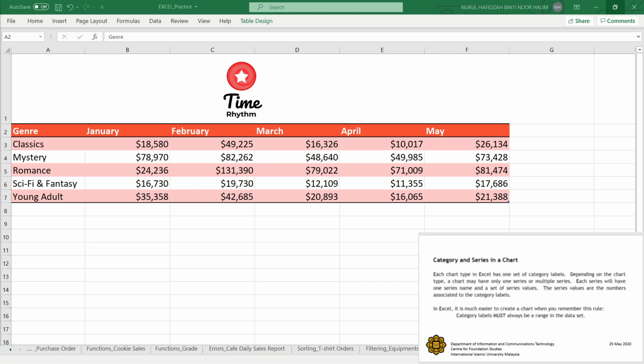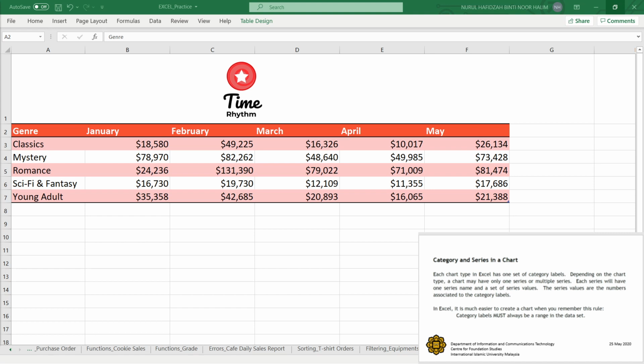In addition to chart types, you will need to understand how to read a chart. Charts contain several different elements or parts that can help you to interpret the data. The first element is the chart title.